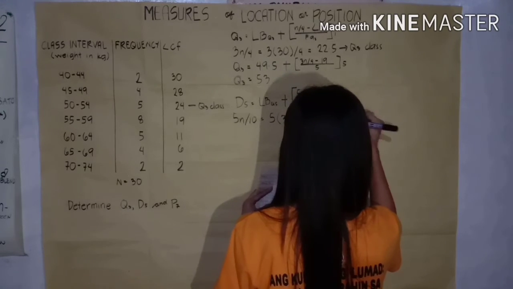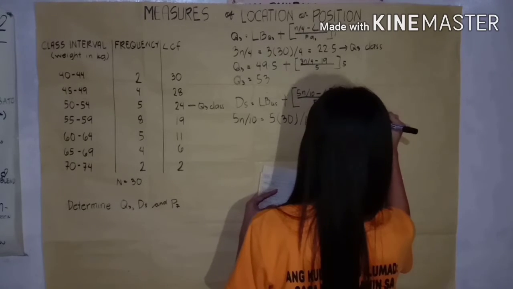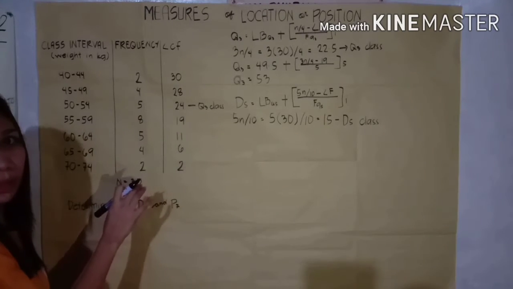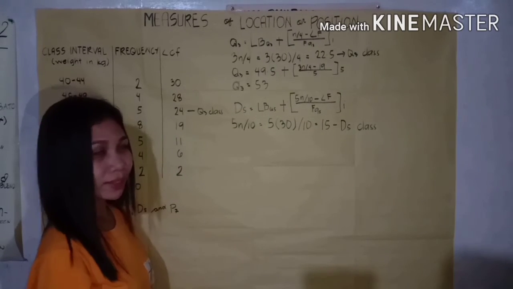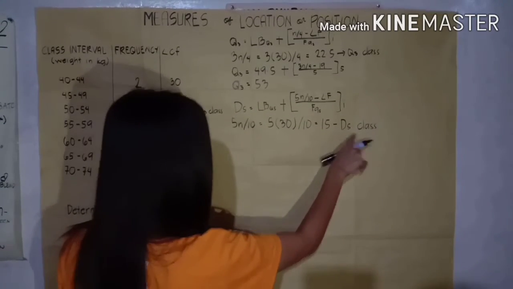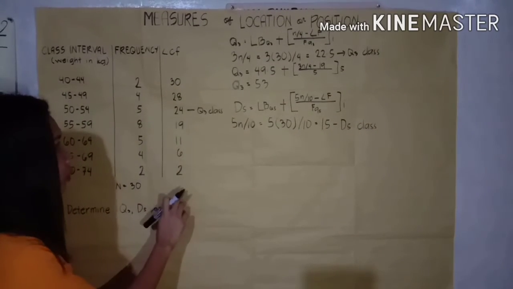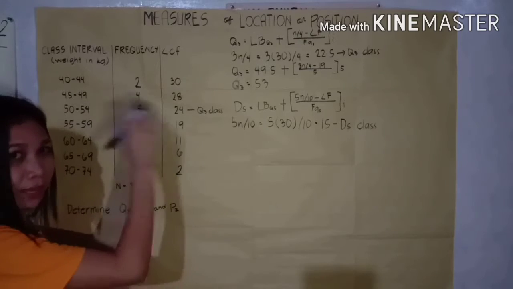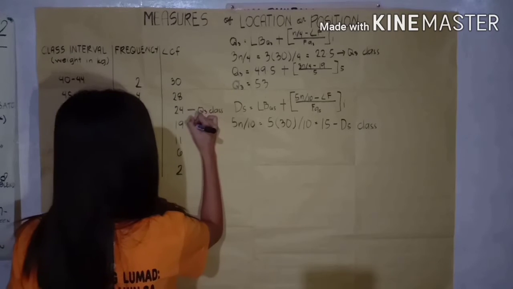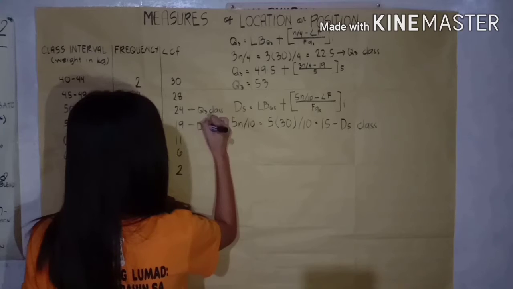So this is our D5 class. Let's go to our table. The D5 class is 15, but we can't see 15 here, so we find the next higher number. So we have 19. So 19 is our D5 class.